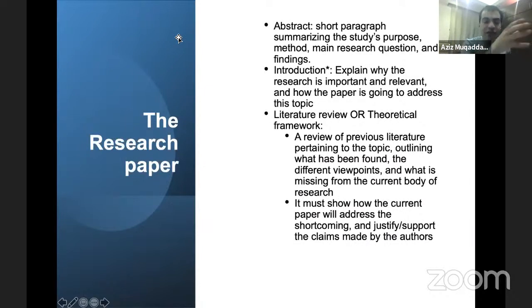Basically, you summarize the previous literature on any given topic you're studying. So for that article I cited about minimum wage, in their literature review they have to summarize or mention previous research that studied the effects of minimum wage on prices.